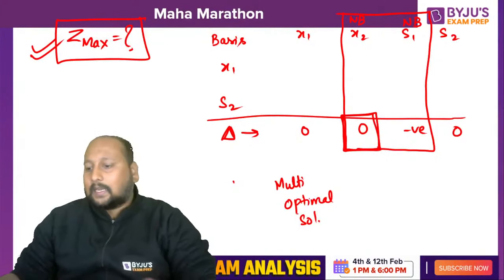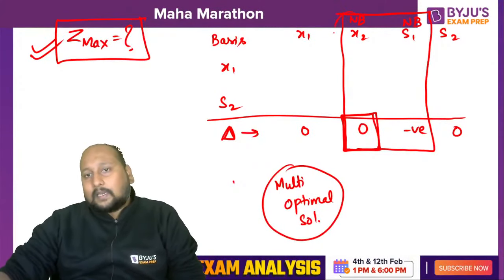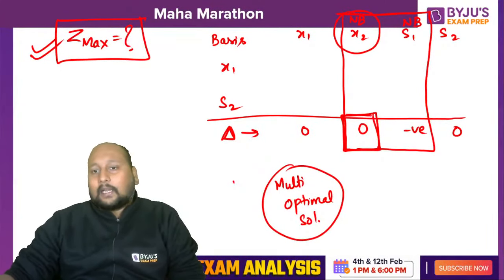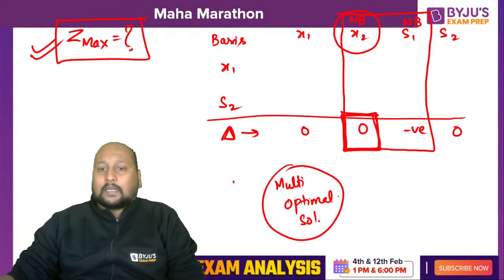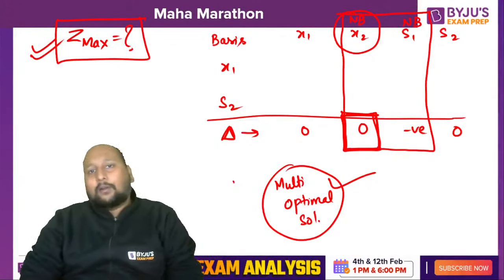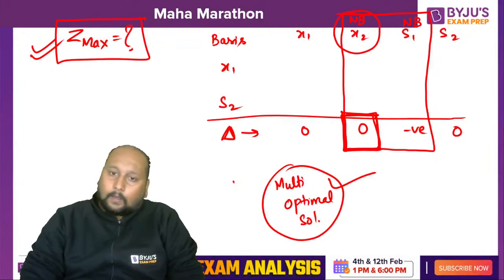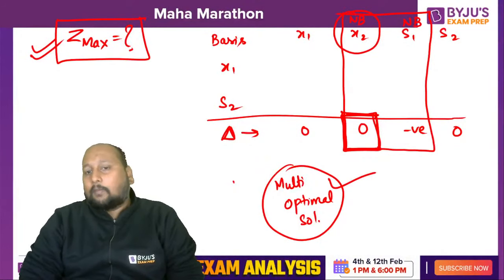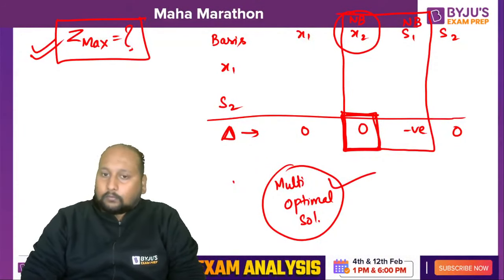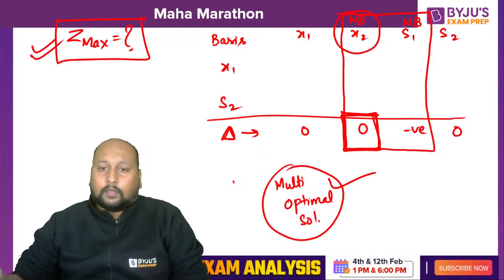Because the non-basic decision variable has a delta value of 0, this is a condition for a multi-optimal solution. In graphical it's very easy to understand, but in simplex we can understand by using this particular logic. Understood? Yes, Ajay, Kalyan, all good?